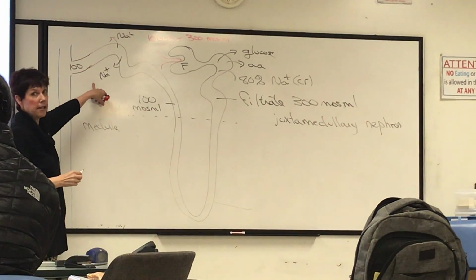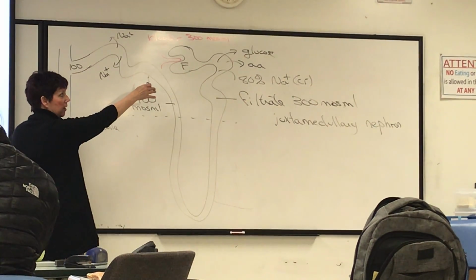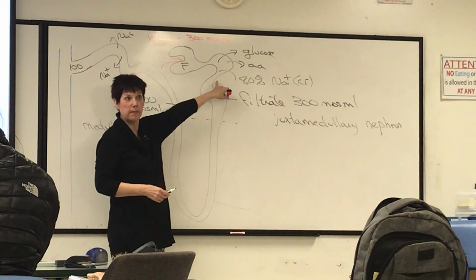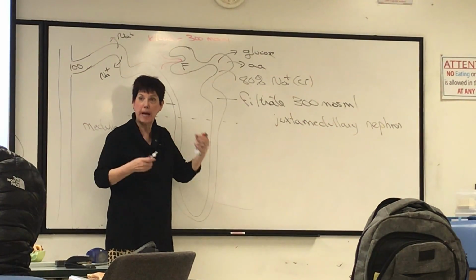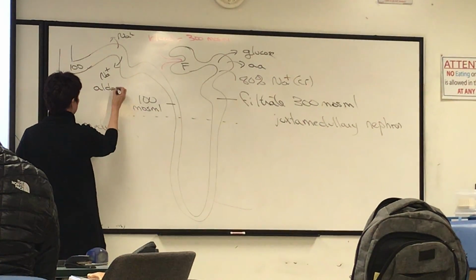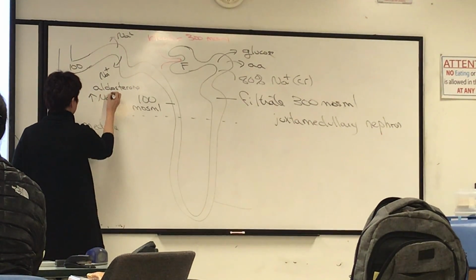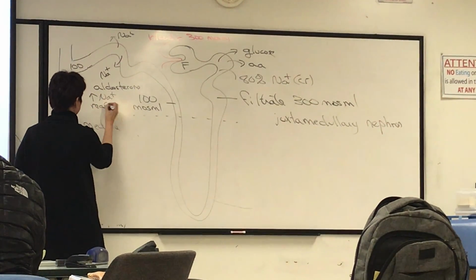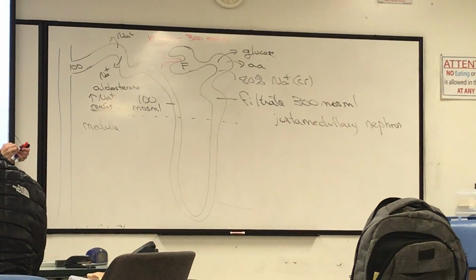Okay? This is under the influence of aldosterone. So on the proximal convoluted tubule, this has only to do with how much sodium we have in the flow rate. It's not regulated by sodium pumps affected by aldosterone. Here, aldosterone increases sodium ion reabsorption. Okay? ADH works on the collecting duct.